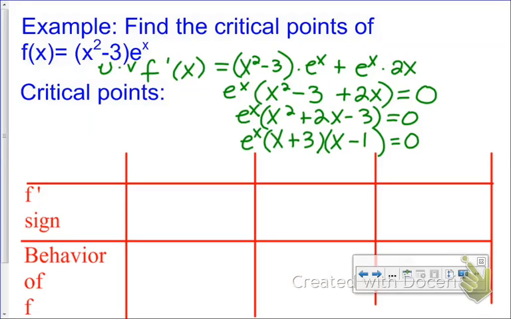The big question is, where is e to the x equal to 0? You can graph it and look at it. Where is e to the x equal to 0?